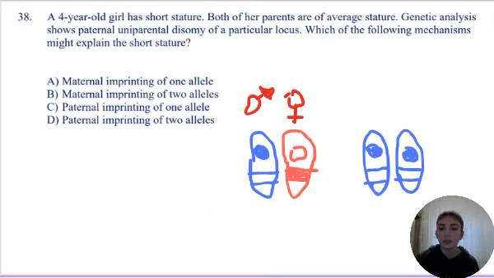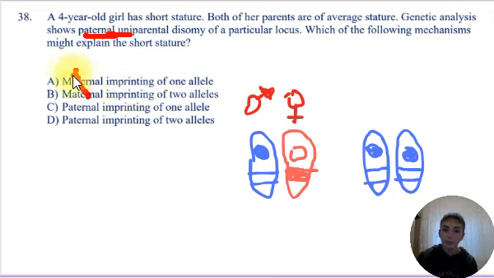Now let's look at the example here. A 4-year-old girl has short stature. Both of her parents are of average stature. Genetic analysis shows paternal uniparental disomy of a particular locus. Which of the following mechanisms might explain the short stature? So we have paternal uniparental disomy here, right?